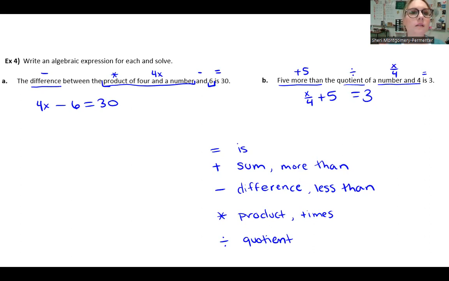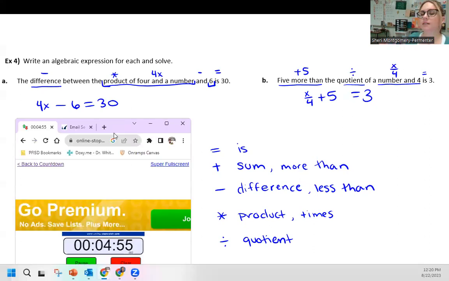Here is the timer, 5 minutes before you pull your phone out, that we're gonna work on our homework. So if you want me to check your notes problems, I can check them for you. But 5 minutes, 5 minutes.